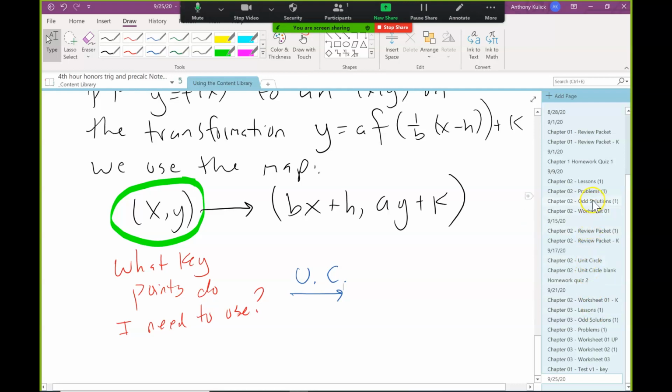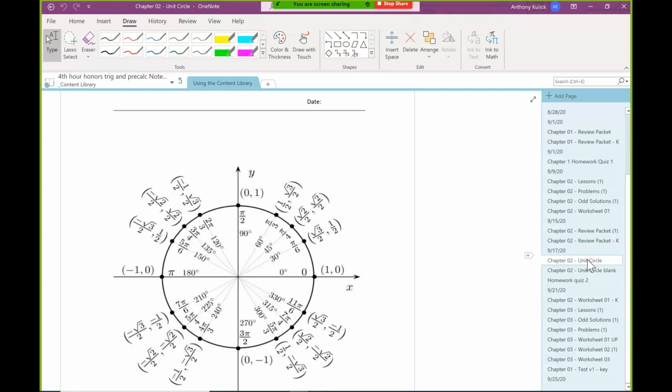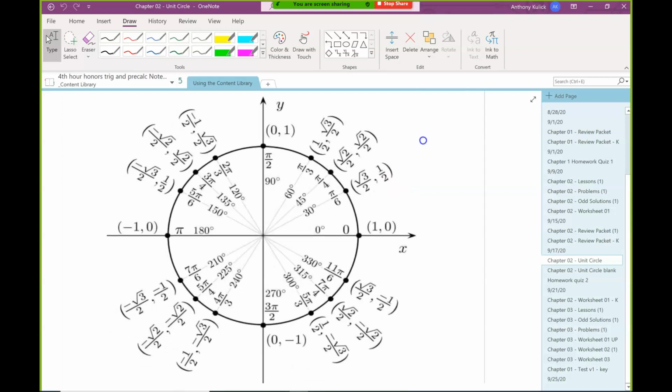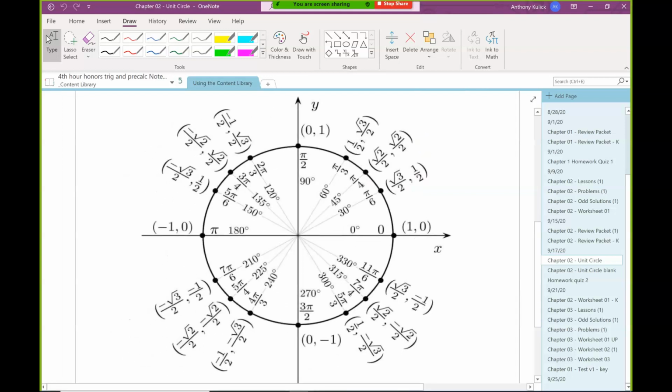So if I look at my unit circle for a moment, let me explain what I'm doing. If I wanted to graph sine of x, and I wanted to use radians, the radian value would be my x-coordinate. And remember, the y-coordinate on the unit circle represents the value of sine at that angle measure.